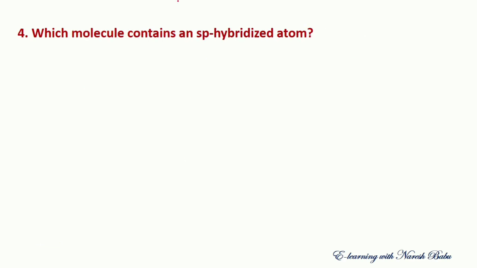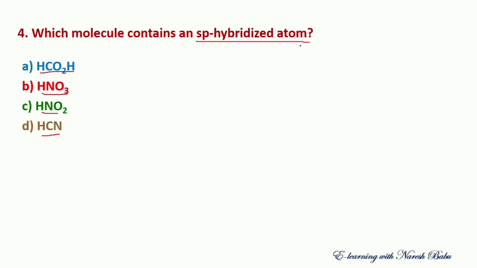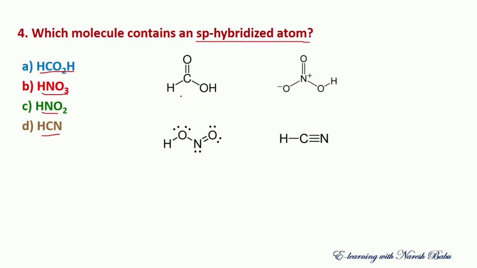Which molecule contains an sp hybridized atom? Among the given examples, which compound has an sp hybridized atom? The options are formic acid, HCOOH, nitric acid, nitrous acid, and hydrogen cyanide. If you know the structures of these molecules clearly, you can easily estimate which one has an sp hybridized atom. I have given the structures here.